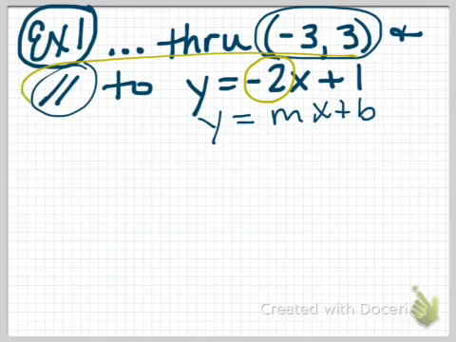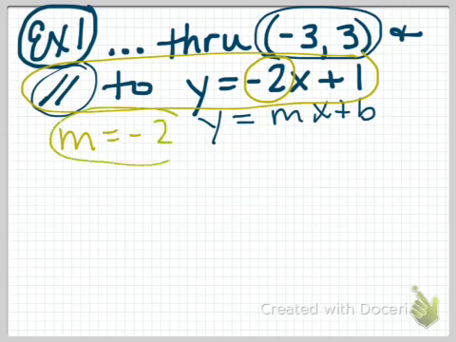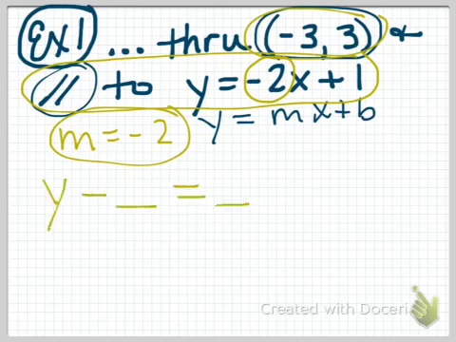So this statement is really kind of a code or a hint to tell us that m in this problem equals -2. So we've got our slope. They gave us this point, so we're going to use point slope form. Y minus blank equals blank times x minus blank.